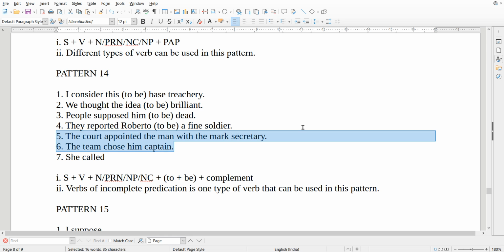So, she called the girls fools. Here fools is a noun.